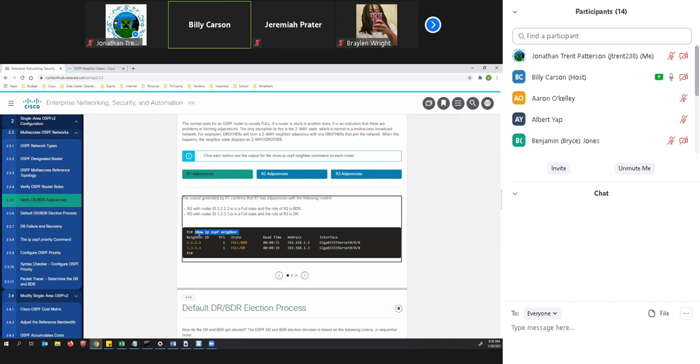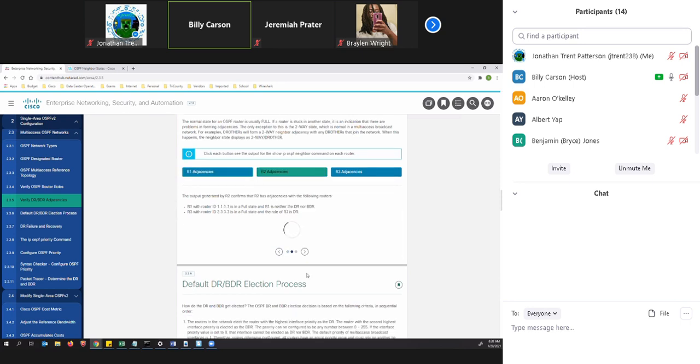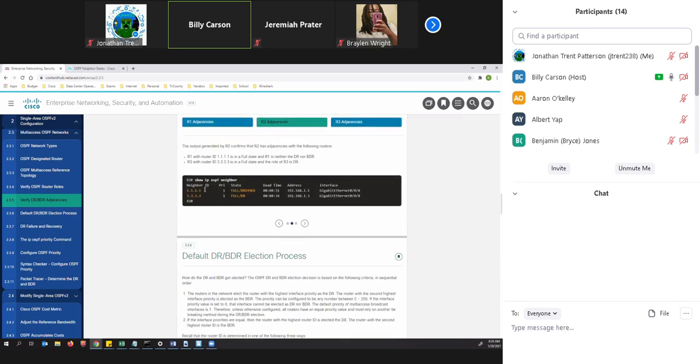So if I'm on 1, it's telling me here's my neighbors 2.2.2.2, 3.3.3.3. Both had a priority of 1. They're all the way up. They're converged here, and one's the BDR and there's the DR. Same thing if I go to router 2. So you can see how that command right there is a real helpful command to show the state and who the neighbors are, what state that neighbor's in.